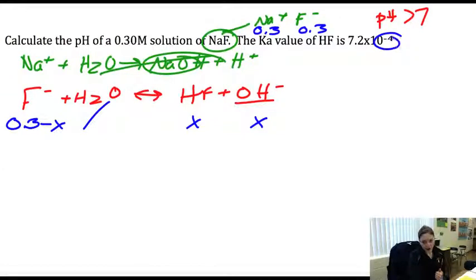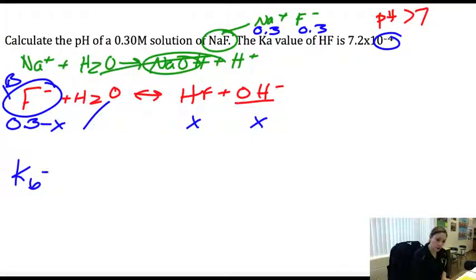My Ka value is relatively small, so in all reality, when we do our K here, we're not even going to put the minus X in because it's so small. Well, this is a base, not an acid. It's gaining an H. So I have to use a Kb value. My Kb value is going to be X squared over 0.3. Again, I got rid of the minus X. Well, my Kb value I don't have.